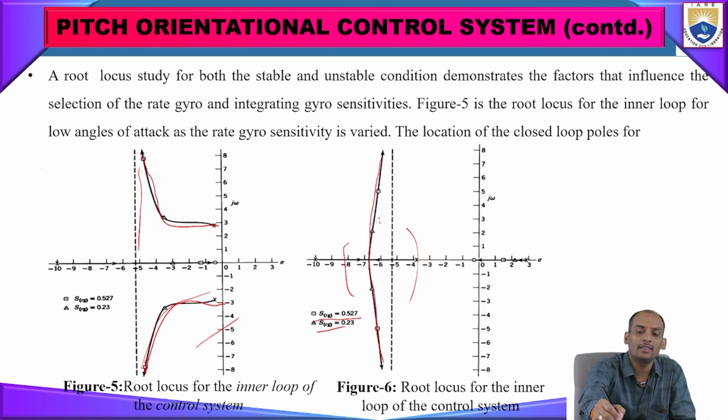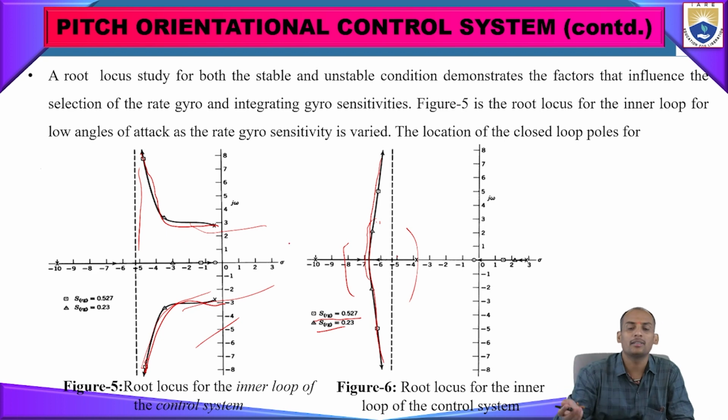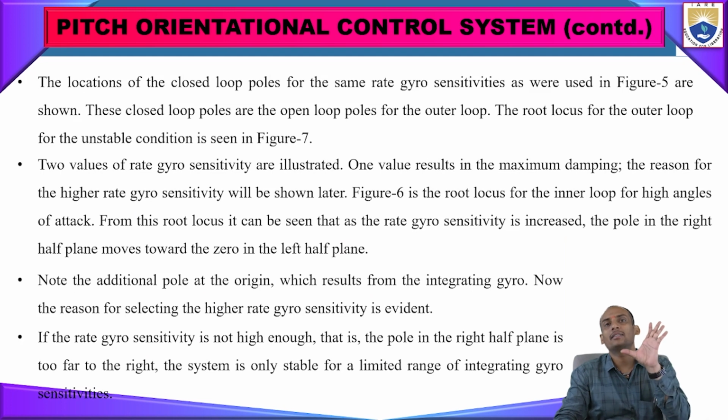Here it is approaching zero, but in an asymptotic manner. Whenever you approach that value for high angles of attack, the rate gyro sensitivity will be highly impulsive, meaning it would be very sensitive in achieving the critical value.